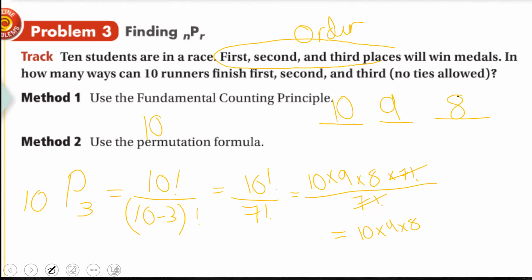When I want to choose the first girl, I have 10 choices. When I choose the second girl, I have 9 choices now. And when I want to choose the third girl, I have 8 choices. So you can write the answer using the fundamental counting principle, but I must stop after 3 times because they told me I want them as first, second, and third. If I want them as first, second, third, and fourth, I have to say 10, 9, 8, 7. Or use the permutation formula.